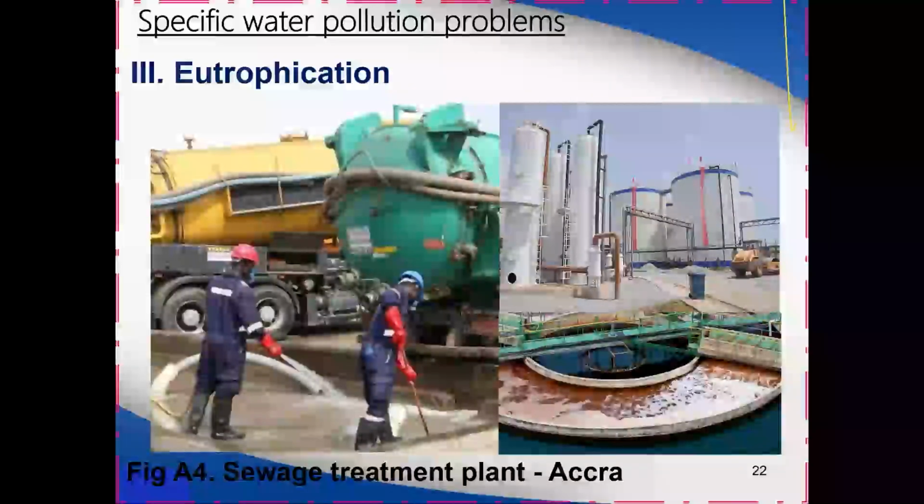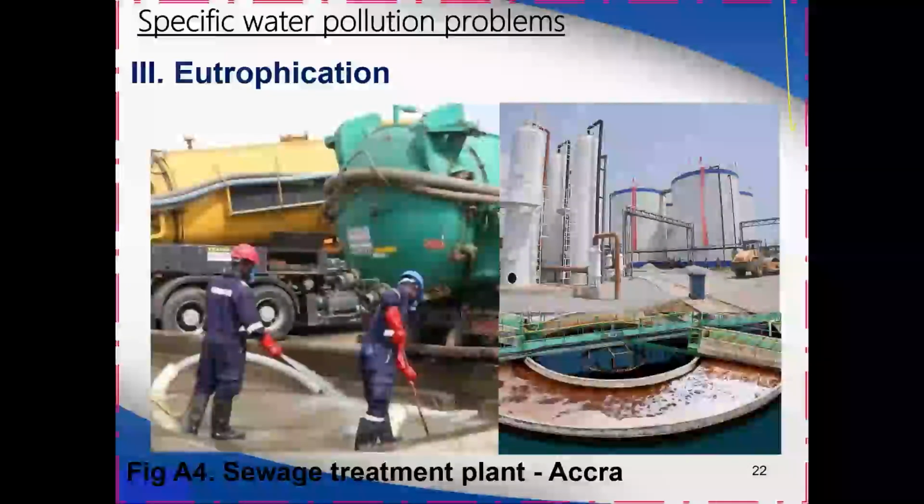But now there's a system where the solid part of the sewage is sieved before the water is treated to a certain level. Like I said, the water can be released, but before you release it, you have to look at the parameters so that they meet the criteria for which you are releasing it into the water body. So you have to look at that.